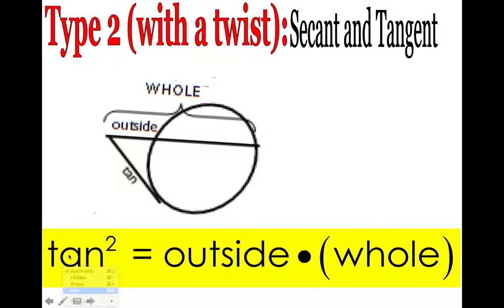So under here, you may want to write tangent line and then put that in parentheses because we're squaring that. And we're setting that equal to the outside times the whole. So really, we're using part of the same rule that we just went over. But the reason we can't use all of that is because now we're dealing with a tangent and a secant.